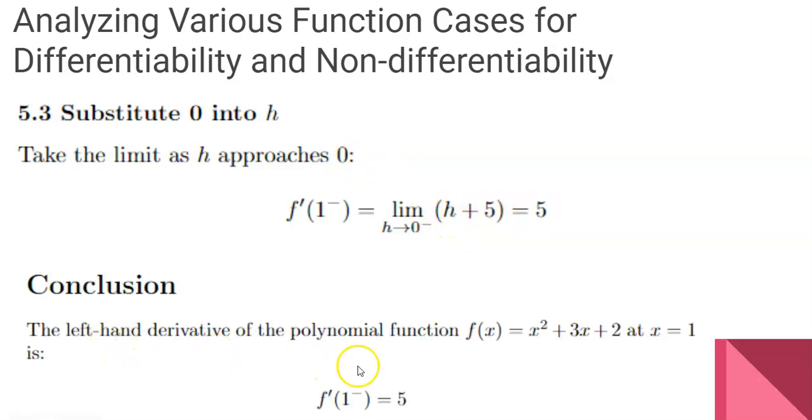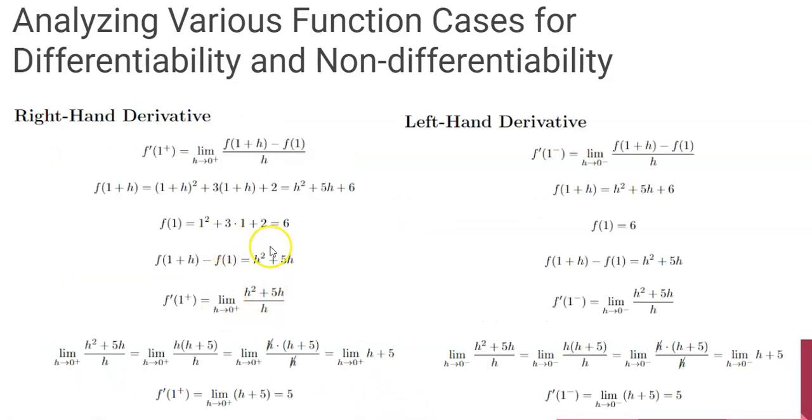The left-hand derivative of the polynomial f(x) = x² + 3x + 2 at x = 1 is f'(1) from the left is equal to 5. Organize all the solution lines this way. So here's a sample computation of the right-hand derivative and left-hand derivative of a given polynomial.